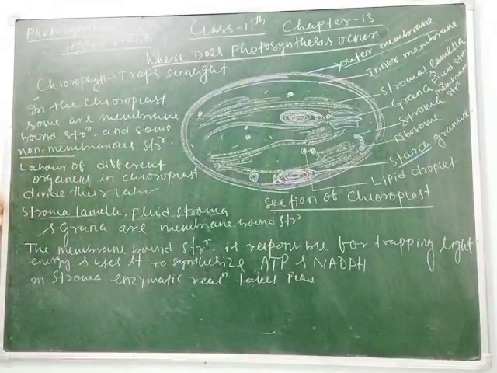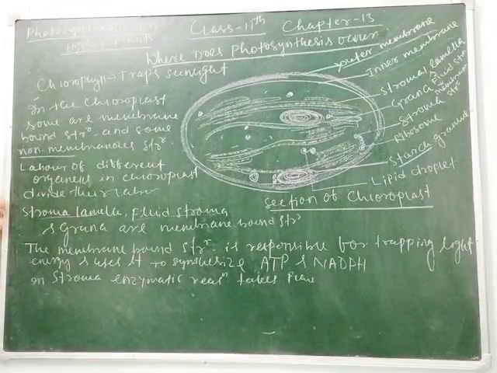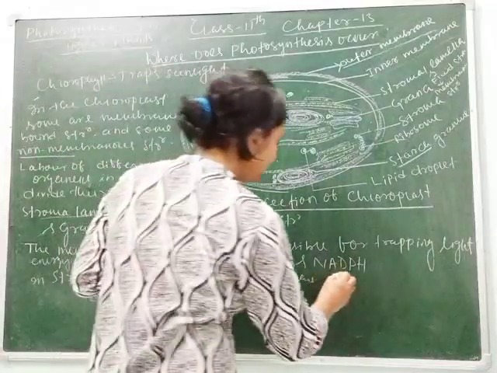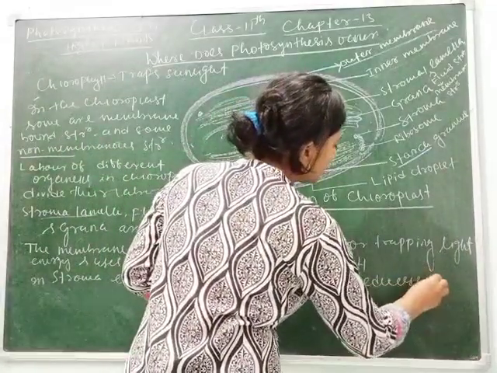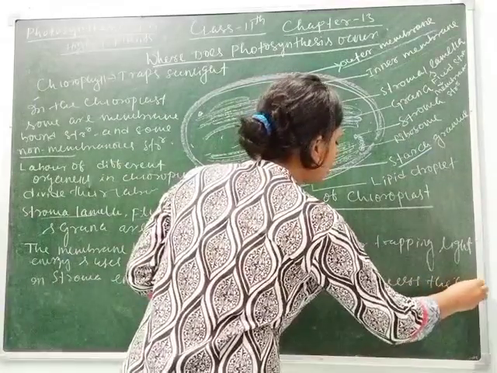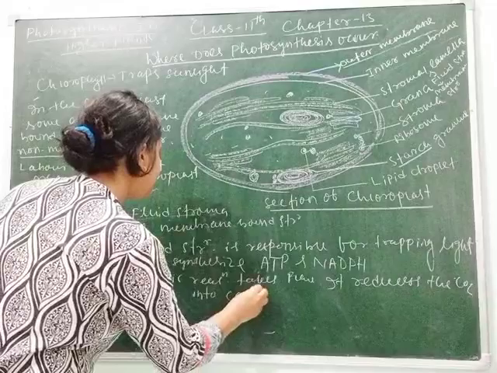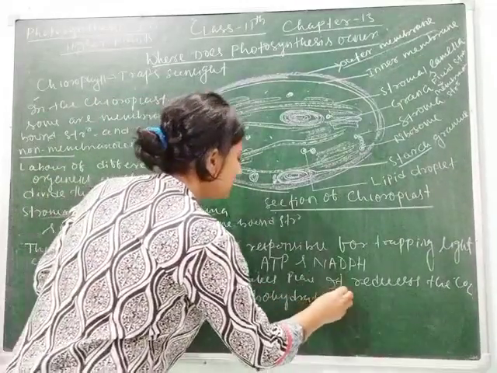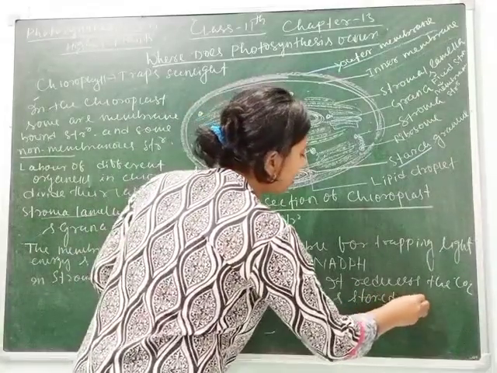It means stroma is the area where enzymatic reactions occur. It reduces the carbon dioxide CO2 into carbohydrate and stored as starch.